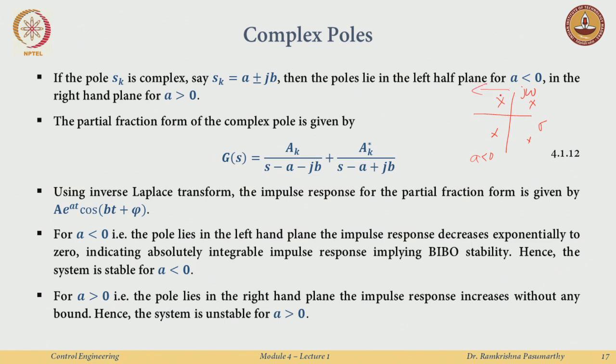Okay. Now, if I just do all the partial fraction work, then I get that the response of the system is given by e^(at) cos(bt + phi), right. Now, this is a general expression no matter what the sign of a is. Now, for a less than 0, the poles lie here, and the impulse response, since this is e^(-at), is decaying, it decays exponentially to 0, indicating that it is also absolutely integrable.